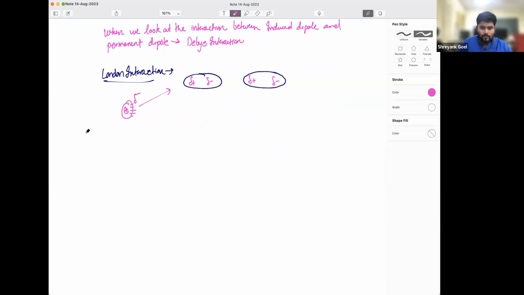Forces and the energy. So the energy between, let's say, sir has discussed induced dipole.